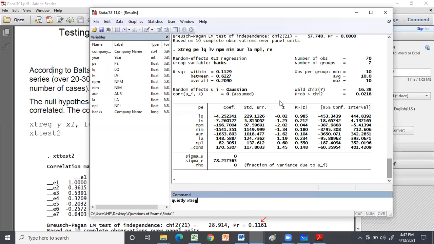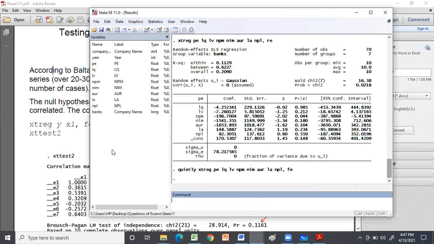quietly xtreg, the dependent variable and all other independent variables. Put a comma, leave a space, and then just write fe. So it will just quietly estimate the regression model using the fixed effect method. It will not show you any output here.